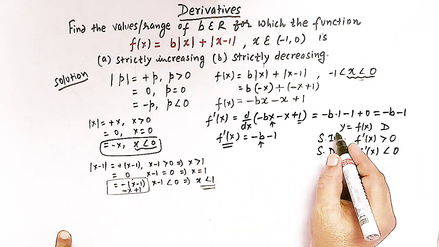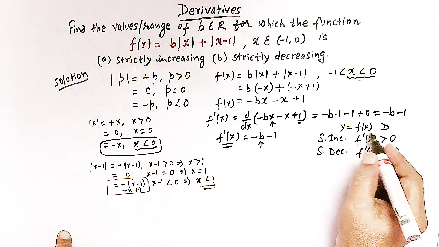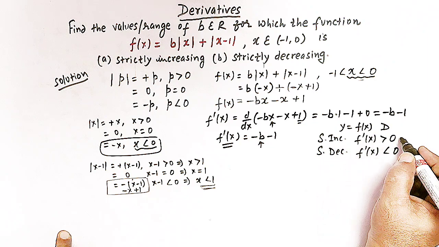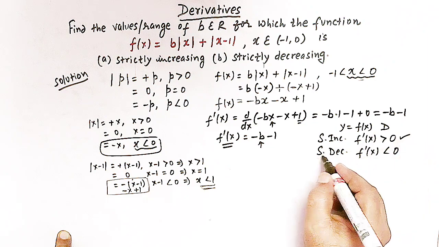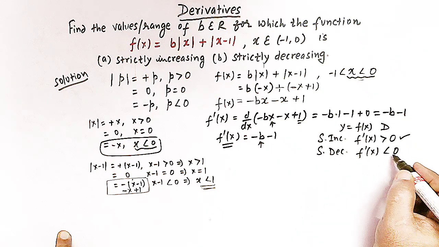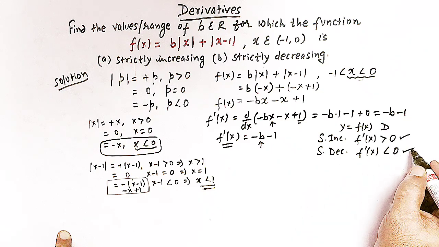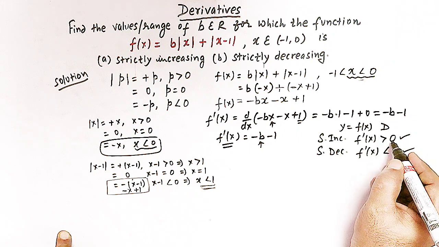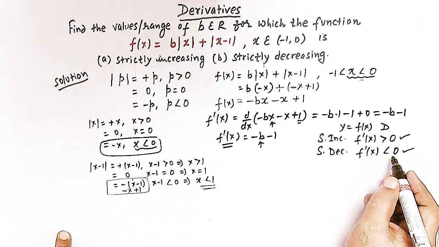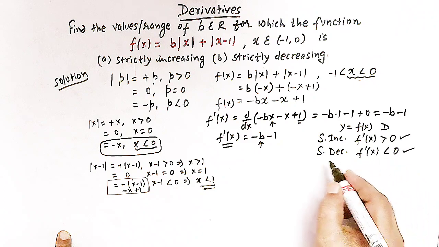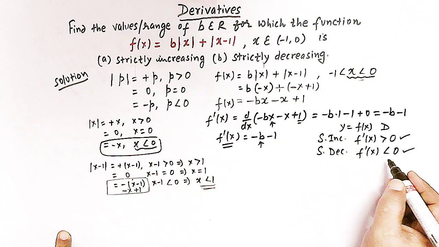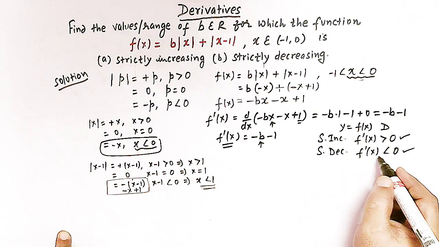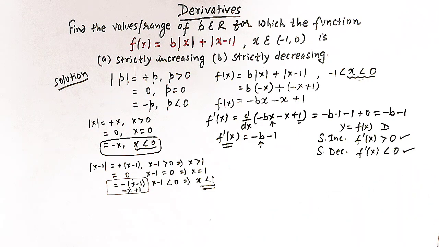Strictly increasing implies the derivative must be positive, that is the slope must be greater than 0, and strictly decreasing implies the derivative, or slope, must be negative, that is f prime of x less than 0.